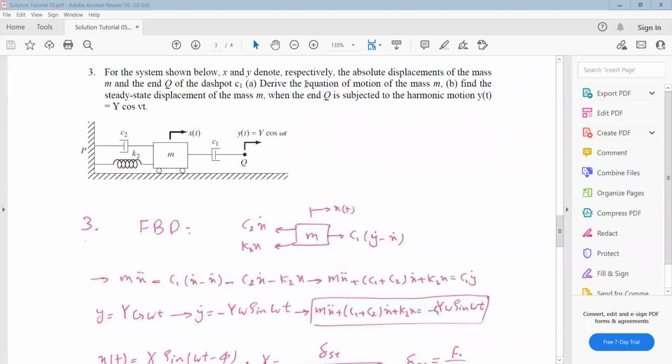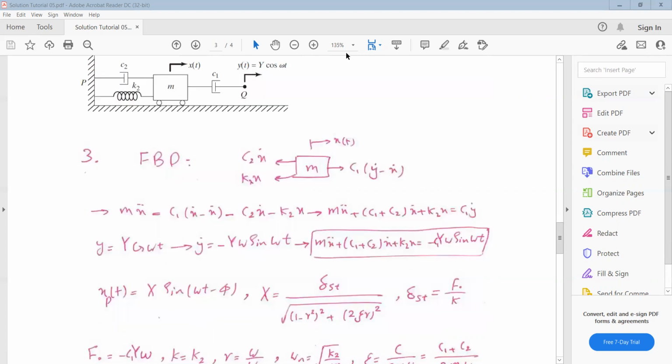Part A, we want to derive the equation of motion of the mass M. Part B, we want to find the steady state displacement of the mass M. In fact, we want to find the particular response for x when the end Q is subjected to the harmonic motion y(t), which is equal to Y cosine omega t. Of course, cosine omega t. This is a typo error, I think.